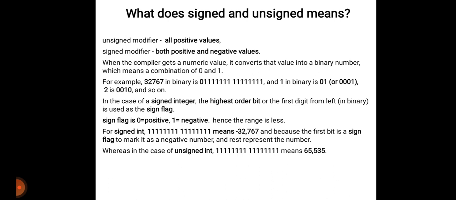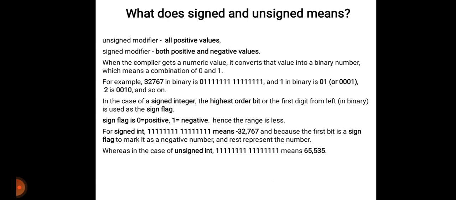Then for example, 32767 is given as a number, and its binary is 0111111 and so on.